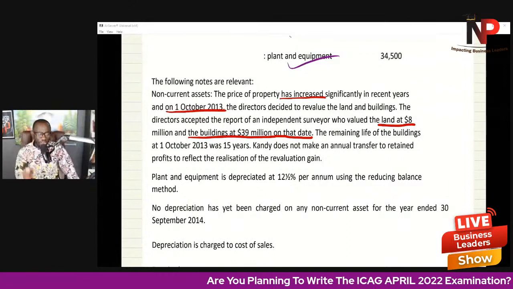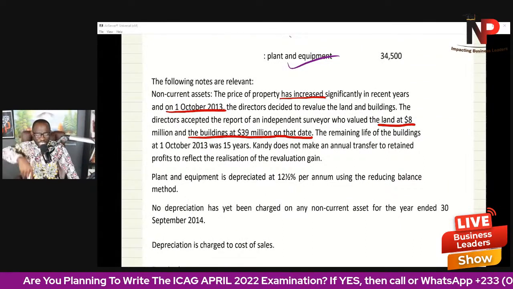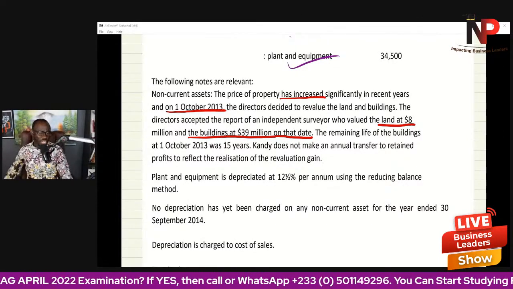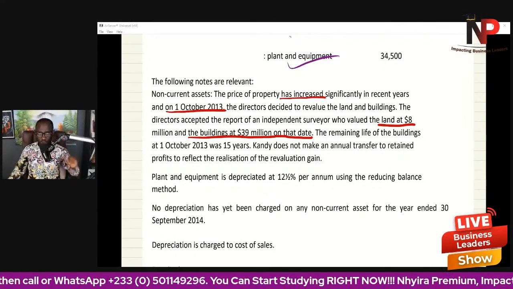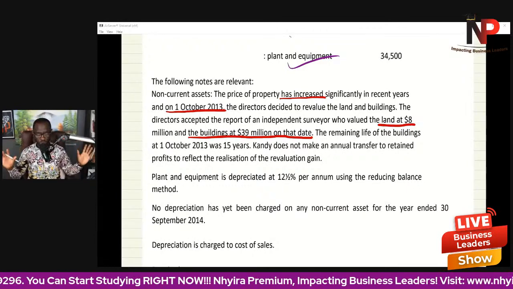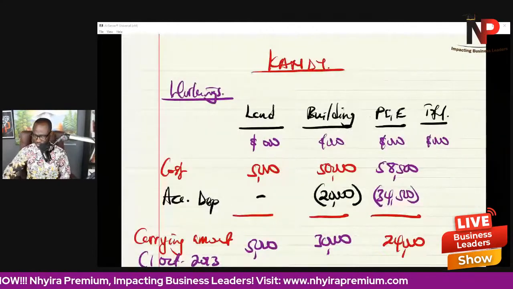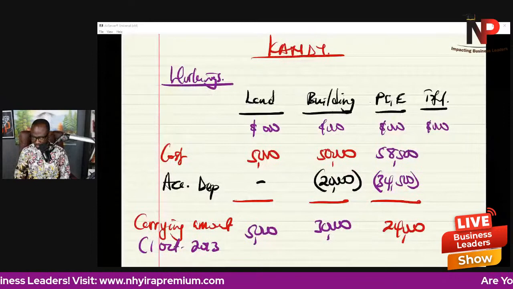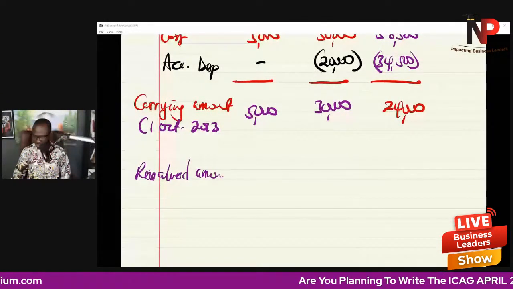Now, if revaluation is done at the beginning of the year, what did we say? It means the depreciation for the year ended 30th September 2014 will be done on the revalued amount. That's very, very critical for you to have at the back of your mind. So let's bring in the revalued amount.